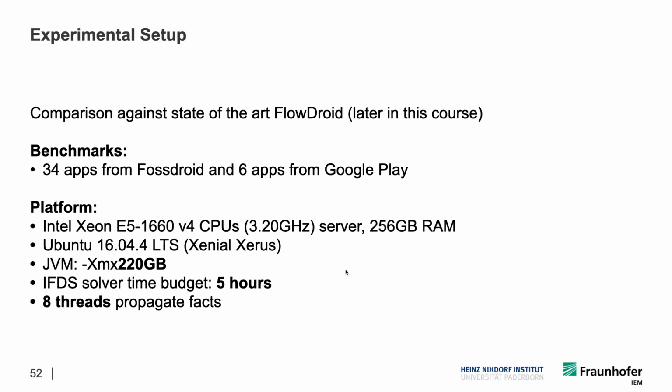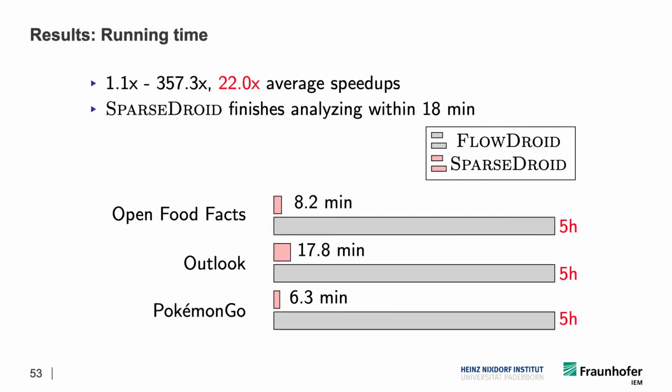Now, there are detailed results in the paper. Here I will only show you a summary. So they did get speedups and sometimes significant speedups, right? So in the worst case, it was a speedup of a factor of 1.1, so a slight speedup. In the best case, it was drastic, right? And even on average, there was a factor 22 speedup.